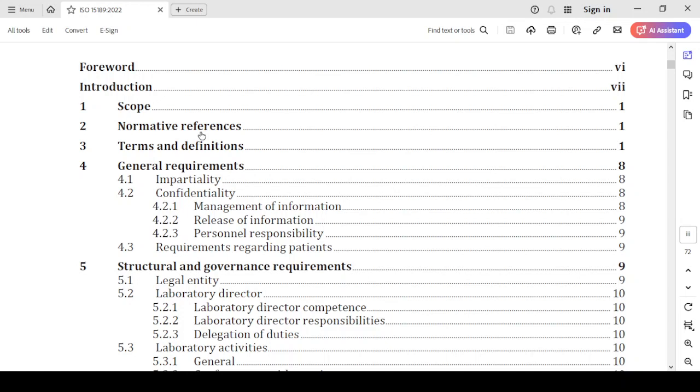Okay, so scope, it talks about the boundary. What does the ISO standard cover and what is not covered in the implementation of this standard? What is directly not covered? Okay, and it might allude to other standards, for example, for this part refer to the ISO for safety.